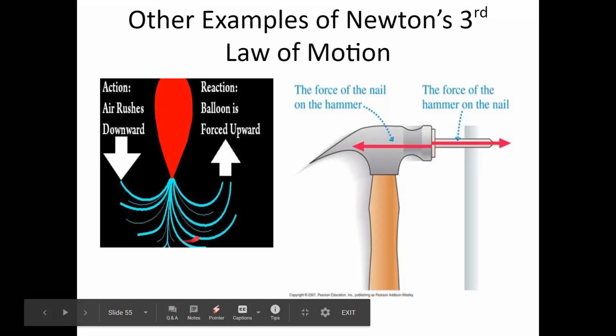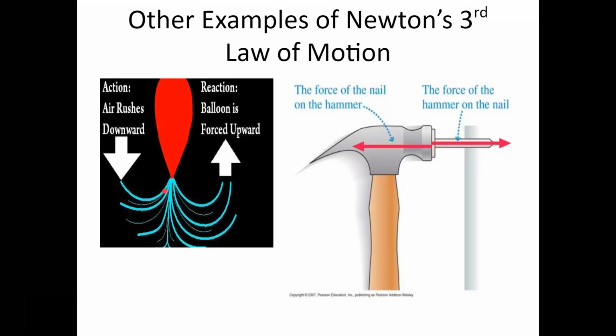So it's the same general principle as the rocket engine that we were talking about earlier. The air is rushing down, which causes an opposite reaction of the balloon to go up. Equal and opposite forces.